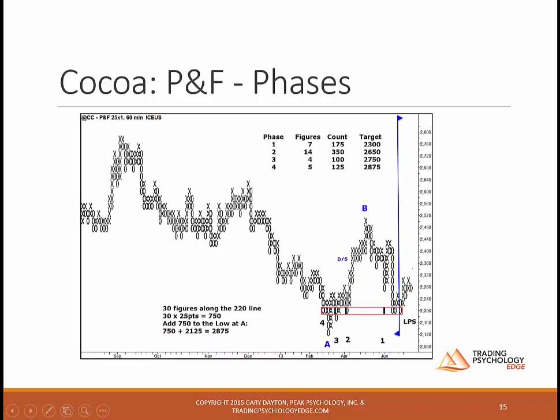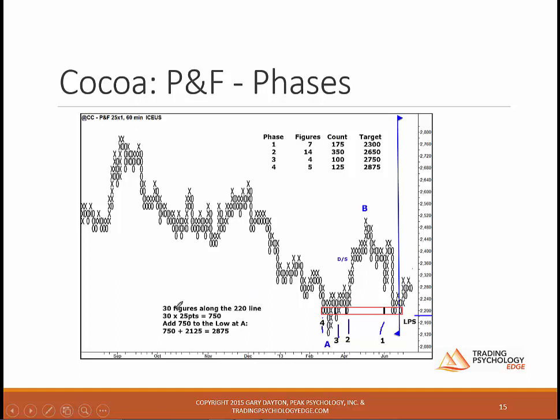So now I've transposed these areas. Here's the 2200 line again. Here's phase 1 and phase 2 and phase 3 and phase 4 and 5. I just combined them together because they were so close.